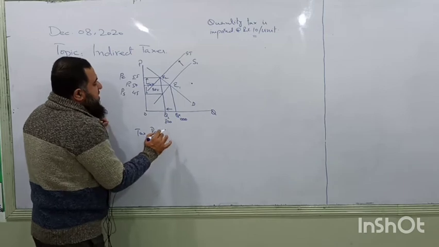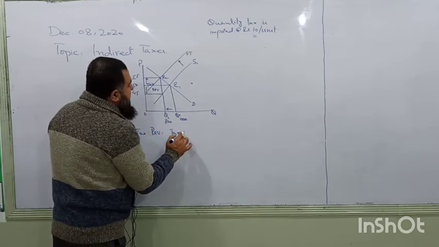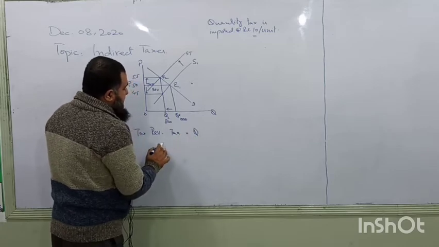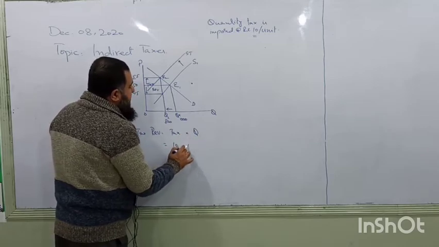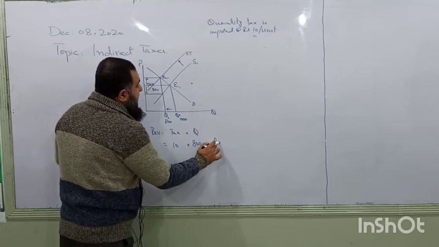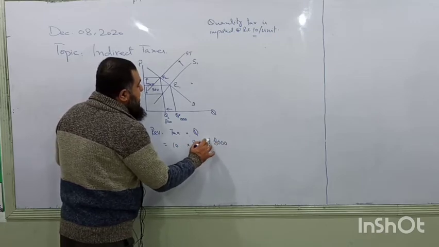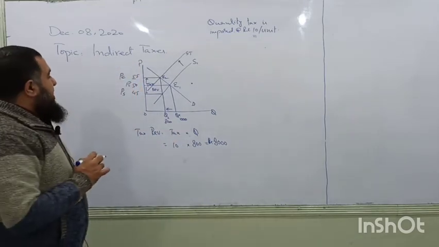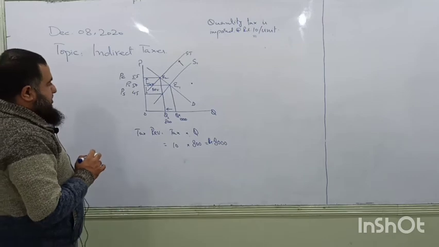In this case, tax multiplied by quantity sold at this level, so tax is 10 rupees and 800 units are sold, we say 8,000 rupees are collected by the government in the form of a tax where 800 units are sold.